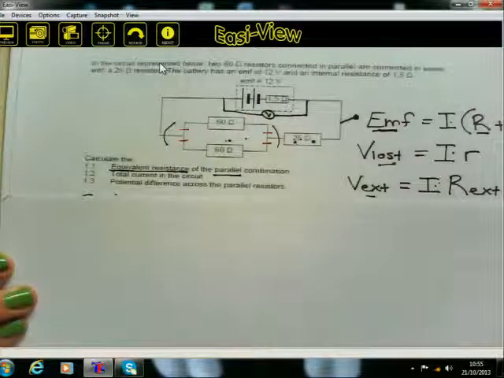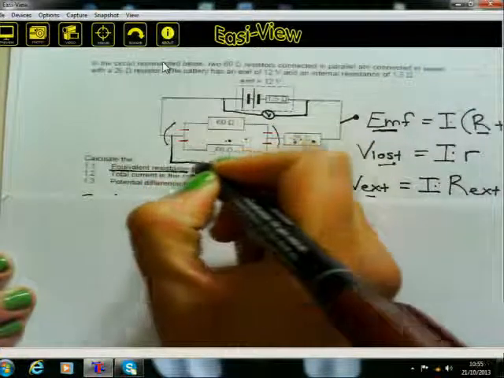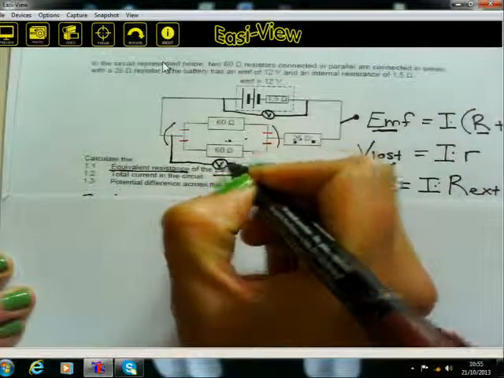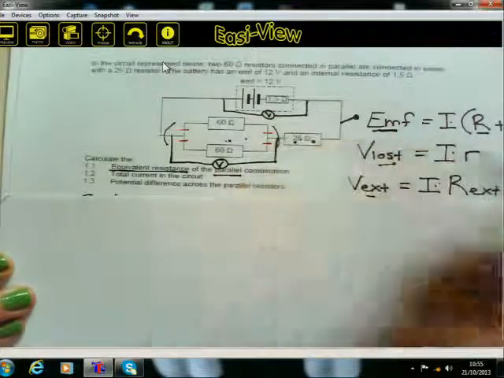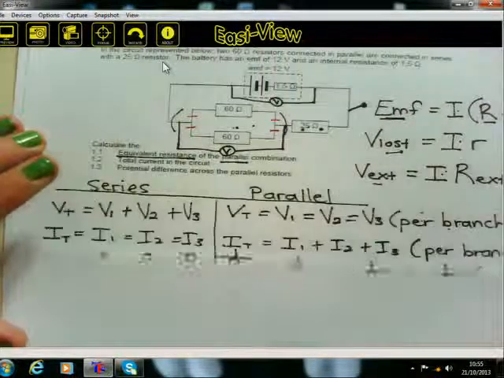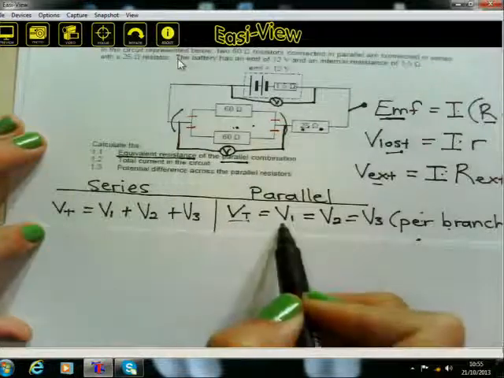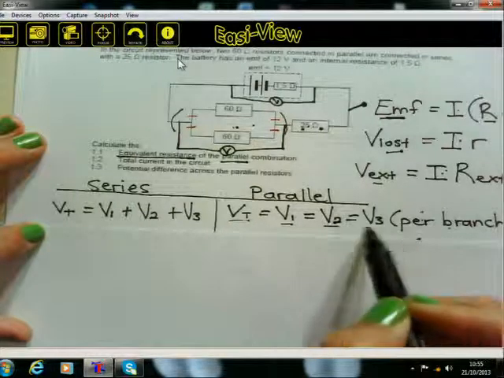So they want to know if we put a voltmeter over the parallel part, what will the measurement be? Now, if you agree with me, our rule for voltmeters in parallel says V total equals V1 equals V2 equals V3.